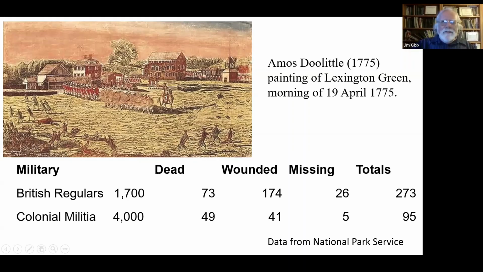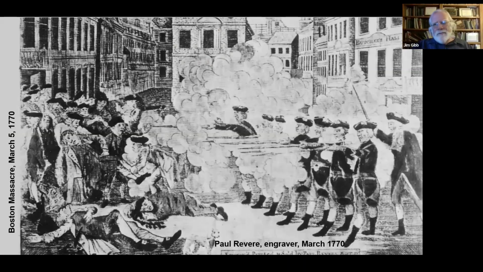But yeah, the battles of Lexington and Concord were really stretched over those 16 miles. There was a confrontation at Lexington and eventually one at Concord, but it really was a running battle on the way back. I threw this image in by Paul Revere, as it happens. And this is of the Boston Massacre of some 5 years earlier.